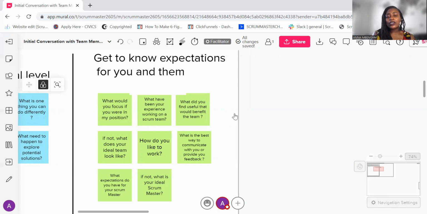It's always good to ask how you like to work in collaboration with what is the best way to communicate with you or provide you with feedback, just so you know people's style. Everybody has a style that they would like people to operate with when working with them. Asking them bluntly allows you to know that, right? You don't have to reinvent the wheel.